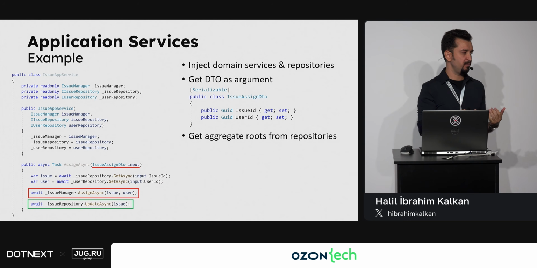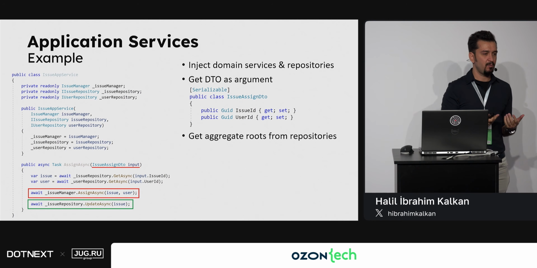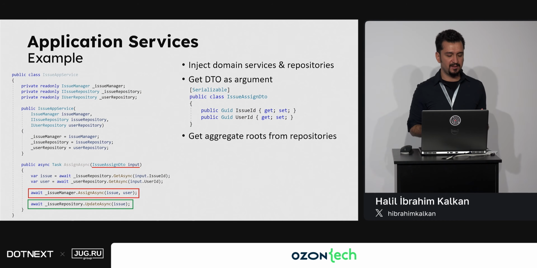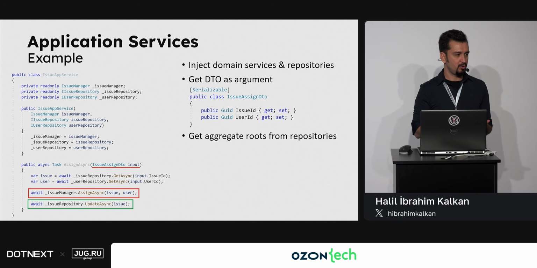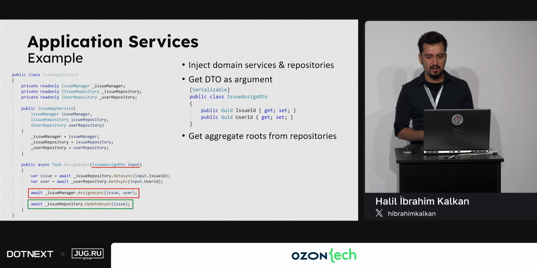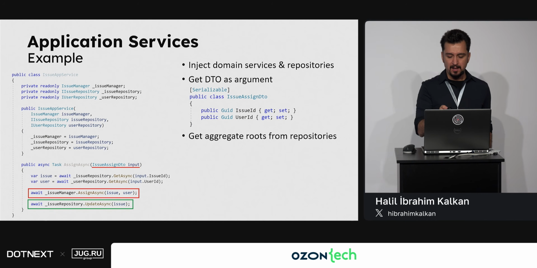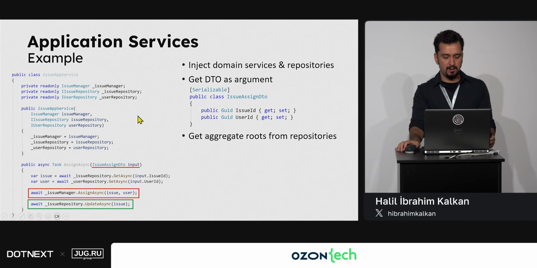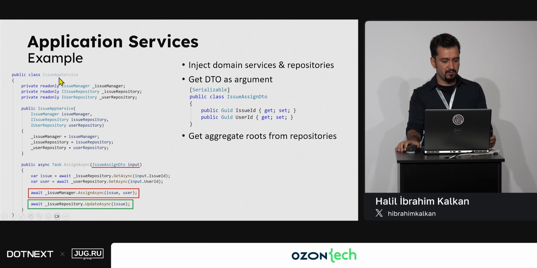You need to implement a use case, so you need some objects from the database. You get all objects, perform some business logic, and save changes to the database. Just 3 parts. So it typically injects the related services, gets some data transfer objects.